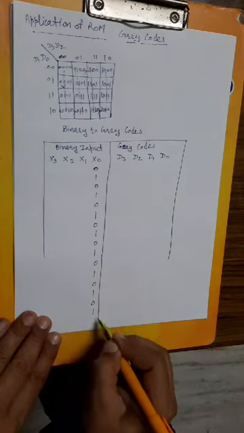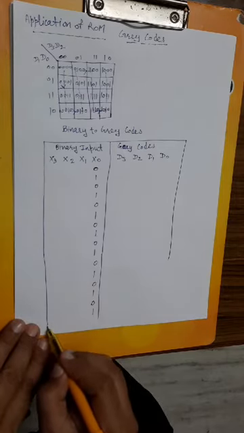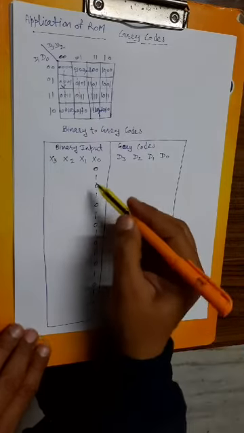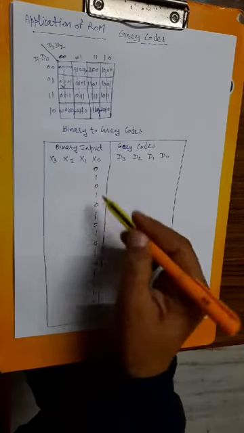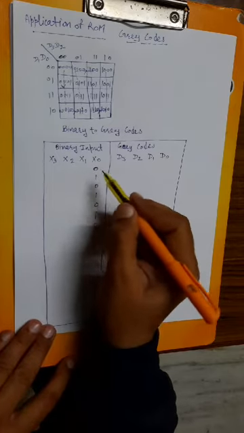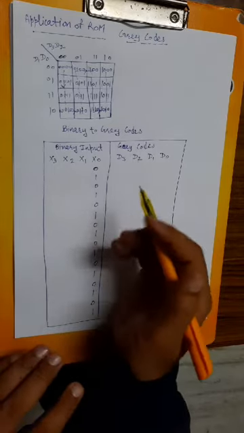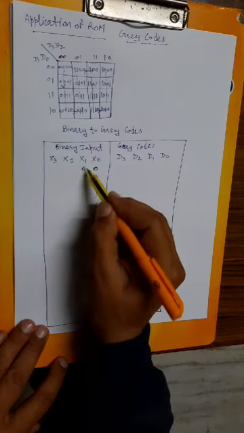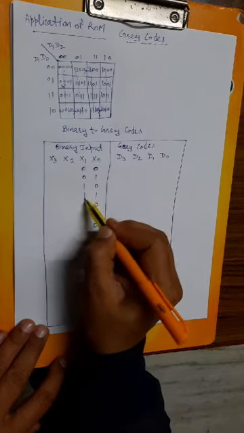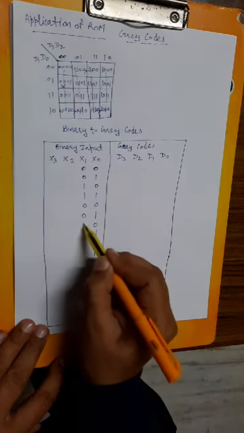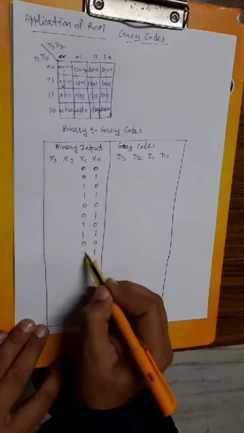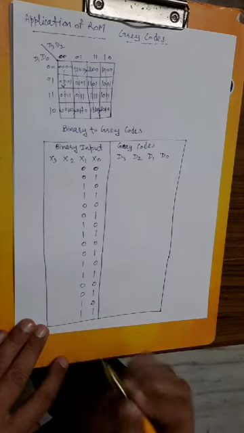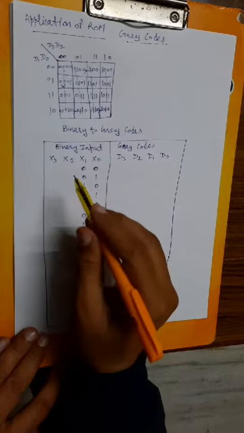Okay, we extend the table in this way. Then we have to collect all the binary combinations. For the least significant bit we write 0 1 0 1 alternately. Then 2 times 0, 2 times 1, and so on. Then 4 times 0, 4 times 1, and so on.